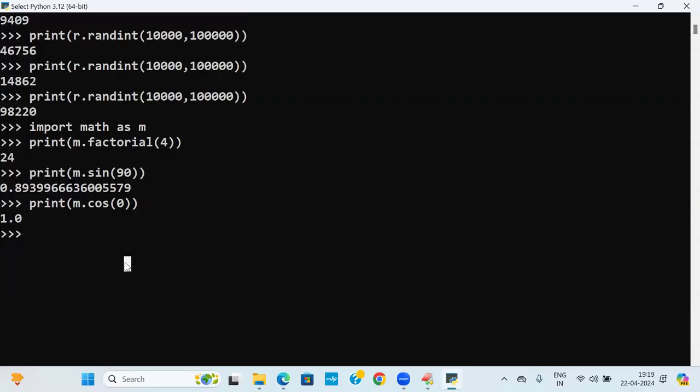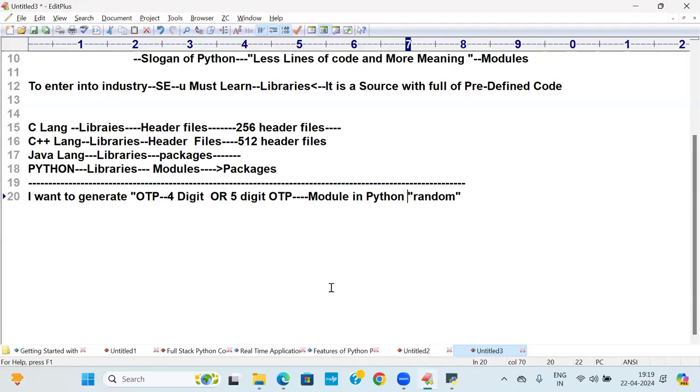So as a Pythonist, are you feeling it easy or complex to write the code? The beauty behind learning Python being easy is only because of what? Modules. Learning Python is equal to learning about modules. That should be fixed in your brain. You have to come to the class.